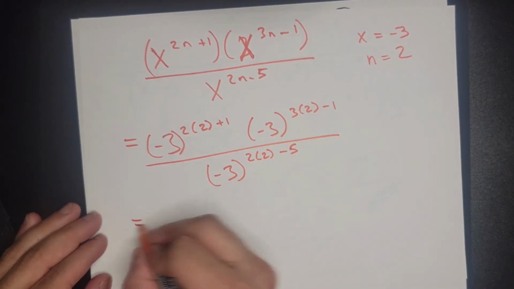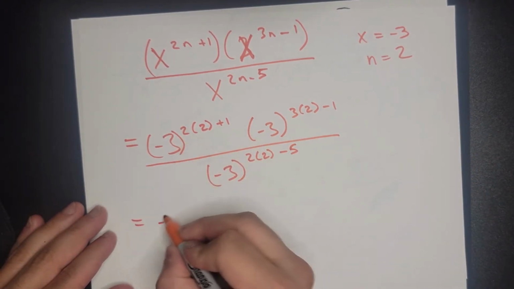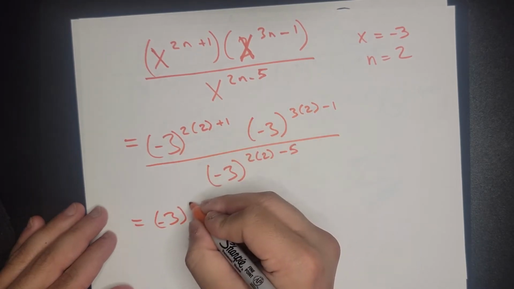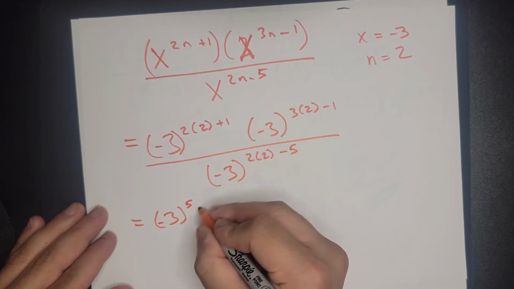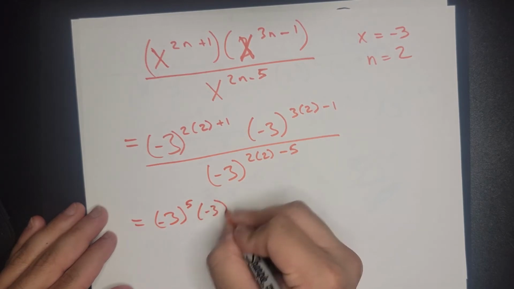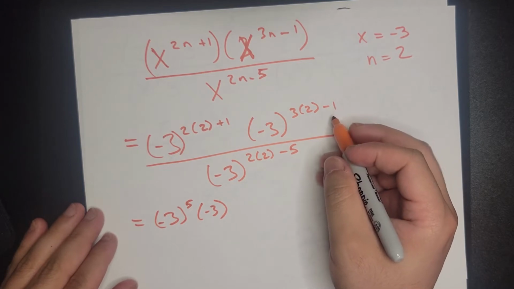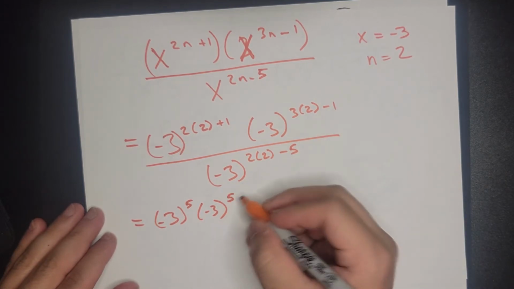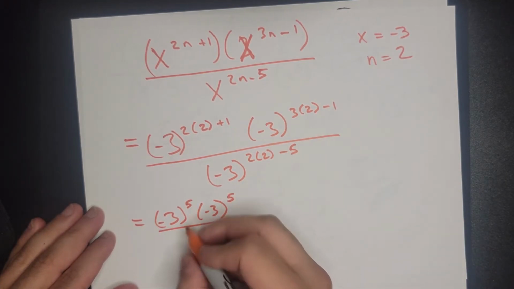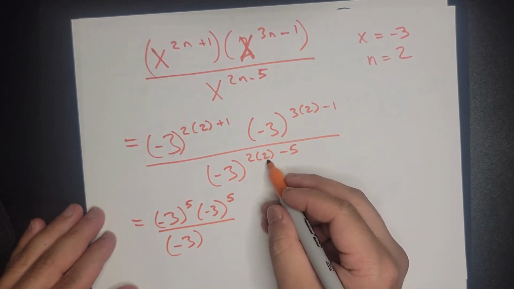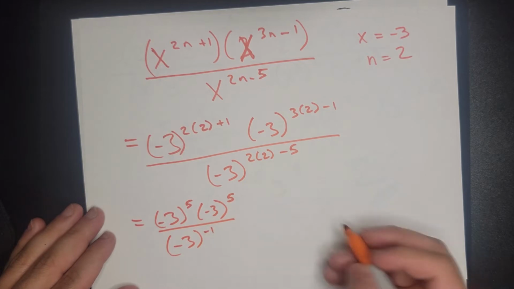So we're left with negative 3 to the power of 2 times 2 is 4 plus 1 is 5, times negative 3 to the power of 3 times 2 minus 1 is 6 minus 1, it is 5, over negative 3 to the power of 2 times 2 is 4 minus 5 is negative 1.